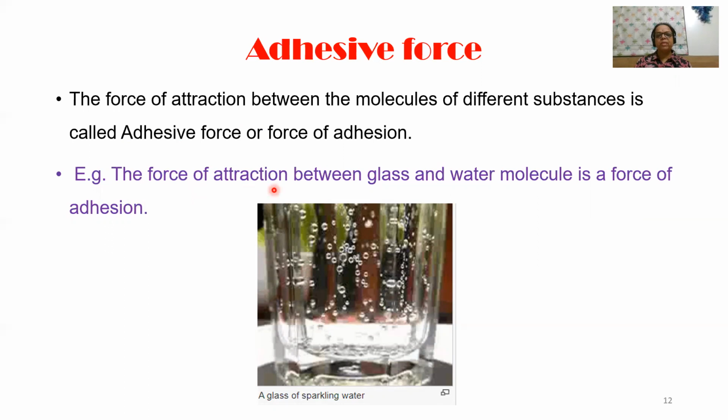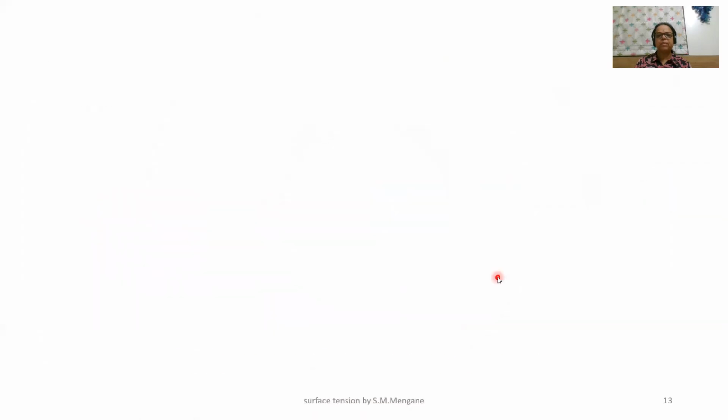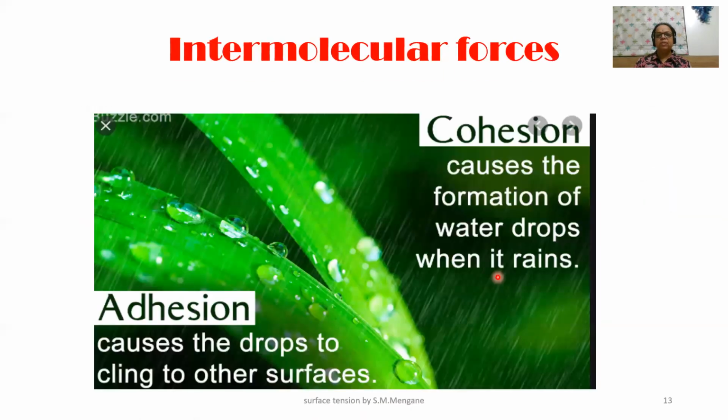The force of attraction between glass and water molecules is a force of adhesion. In short, cohesion causes the formation of water drops when it rains, and adhesion causes these drops to cling to other surfaces like leaves, etc.